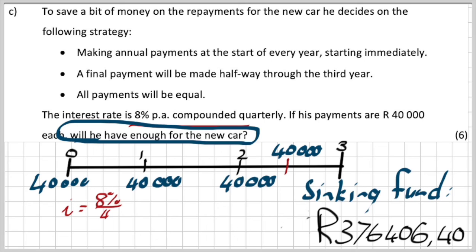Not the best, but this is how companies do it. If they know that they have equipment that needs to be replaced at certain intervals, they would save up and then buy instead of loaning money from the financial institutions.